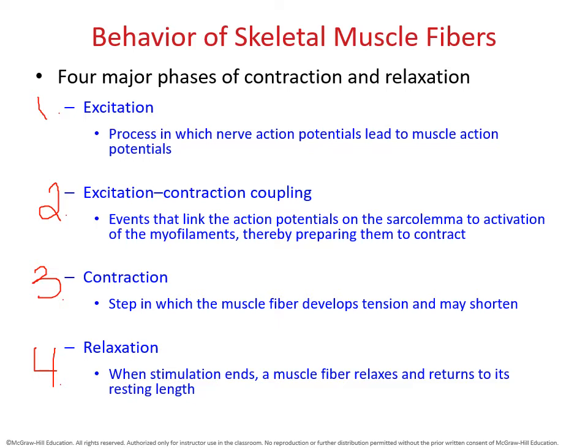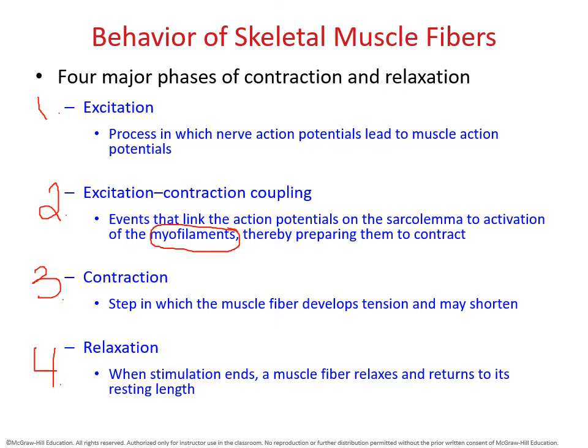We need to be able to take that excitement and spread it from the sarcolemma all the way deep into the muscle cells where we're going to find our myofilaments. So these are our thin and our thick filaments. Because remember, they are the ones that need to make a physical contact. They are the ones that have the sarcomere, from one Z disc to the next. They are the contractile units of the muscle itself.